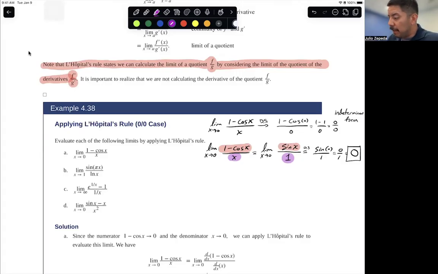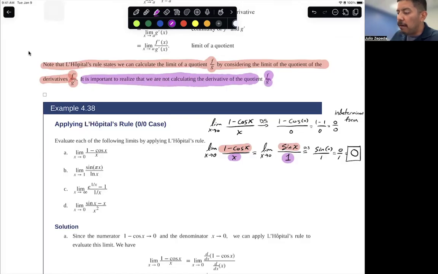It does say that up here in this note. It says it is important to realize that we are not calculating the derivative of the quotient f over g. We're doing the derivative of just f to get f prime, and then the derivative of g to get g prime. And that's how L'Hopital's rule works. We find the derivative of the numerator by itself and find the derivative of the denominator.